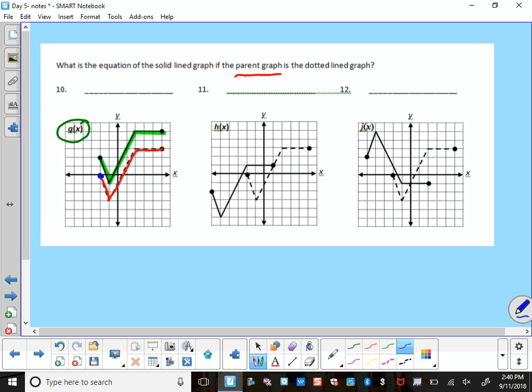To get from my first point to my point of my highlighted graph, what do we do? Went up 2? All right, we went up 2. So now we got to write an equation for it. Up 2 is at the very back, outside of the parentheses. So we have g of x plus 2.